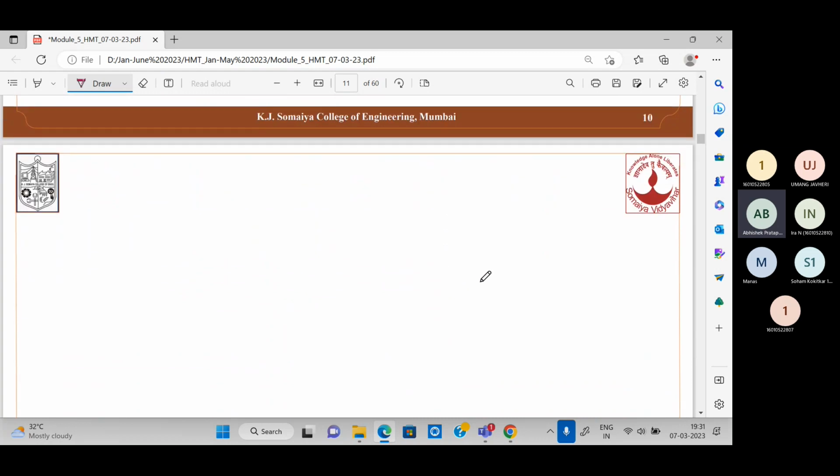These are available in any book. They are formula-based problems, so go through them. These concepts will become clearer when you apply them while solving these problems. In case of any difficulty, please ask.